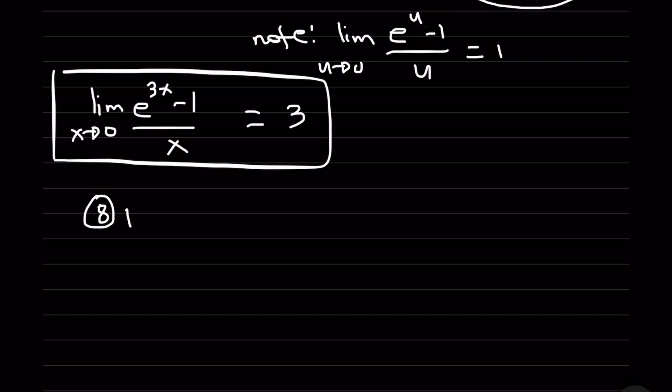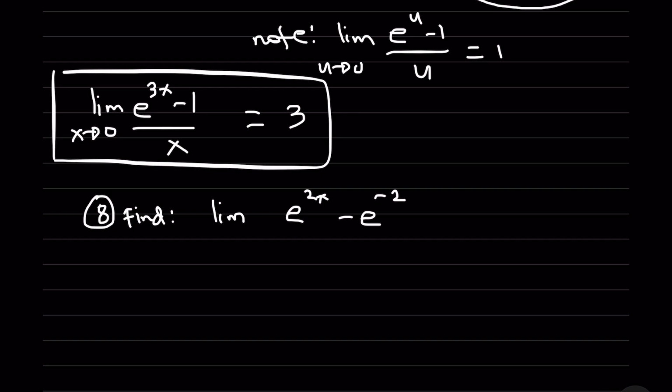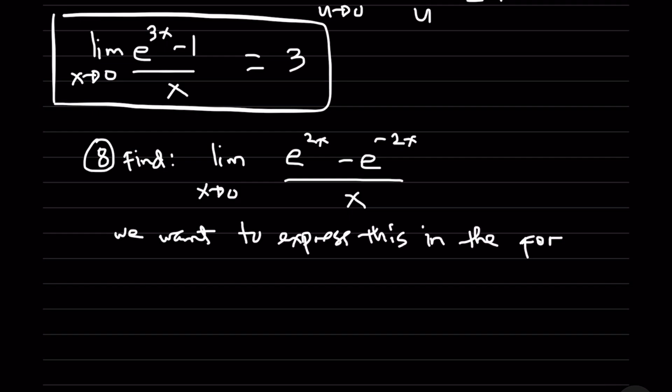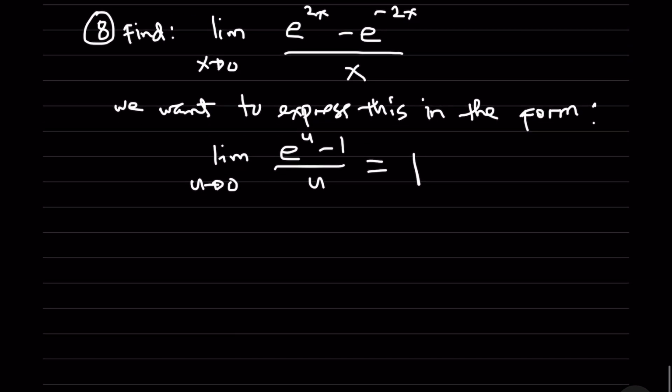Next question. So this is the 8th problem. Find the limit of e raised to 2x minus e raised to negative 2x divided by x as x approaches 0. So this is a more complicated version of the previous problem. But what we would like to do is to express this equation in the form limit of e raised to u minus 1 divided by u as u approaches 0, because we know that that is equal to 1.